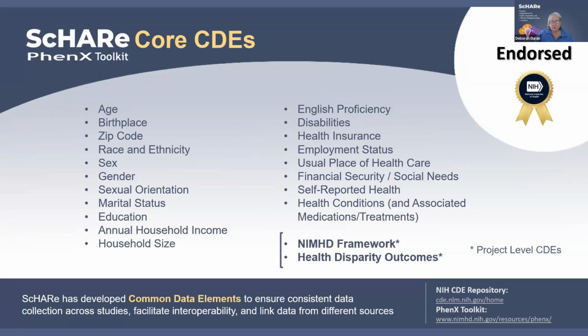And very soon we're going to make sure that we all use the same data labels, because we can collect the same questions, but if we don't have the same data labels, it still makes our data sets very difficult to collect. Notice on the screen that all of these in lighter color are individual, but we also have two that are called project level CDEs.